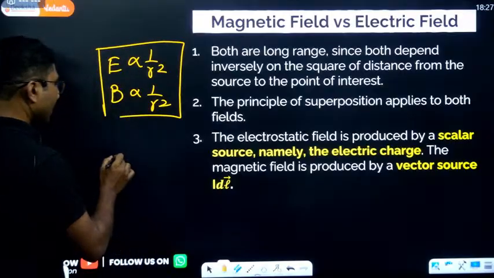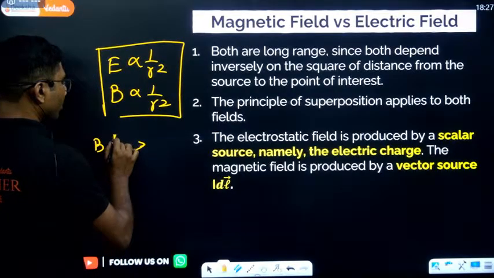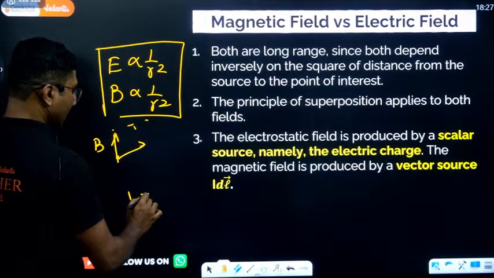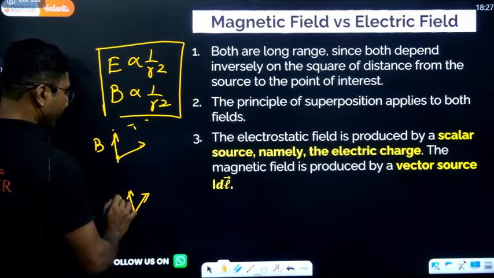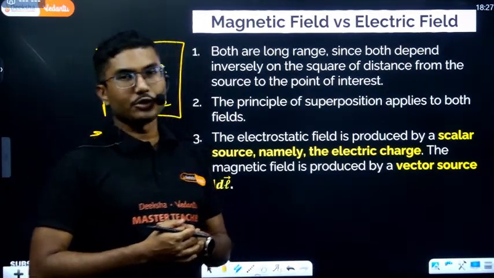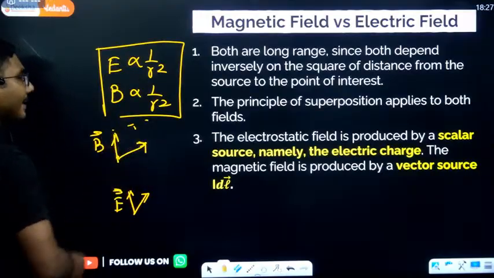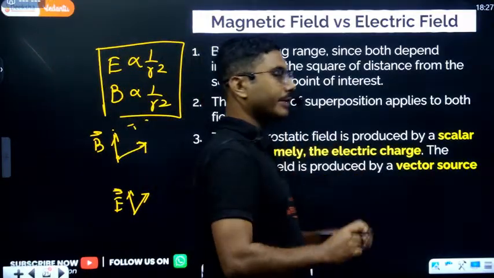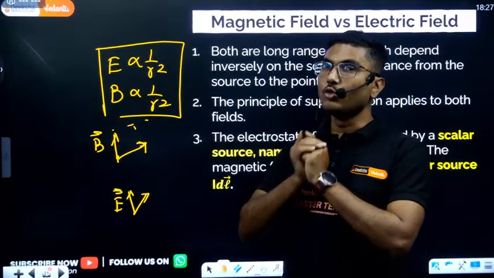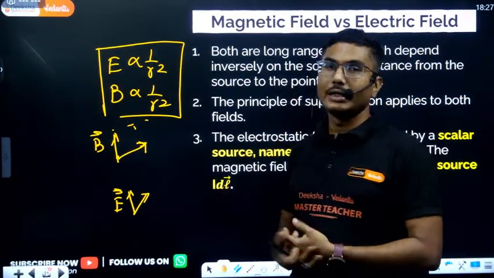If you are trying to find the magnetic field at a point, you add them vectorially, the same way you do for the electric field. So for both electric field and magnetic field, you can apply the superposition principle. What is the superposition principle? When two different magnetic fields act on the same point, or two different electric fields act on the same point, how do we find the net field or net force?